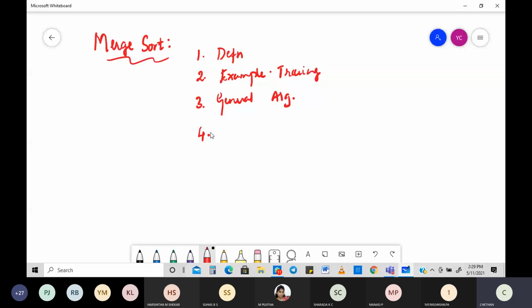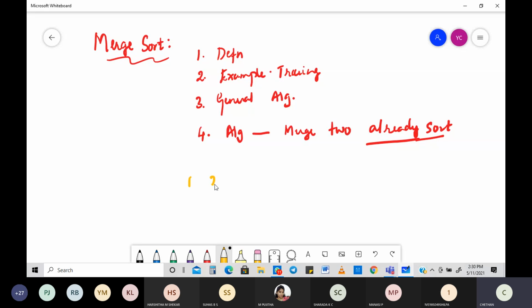Then there is one more thing that you're going to do. You're going to write an algorithm. Be careful here, this algorithm is different. You're going to write one more algorithm to merge two already sorted arrays. That's very important. Already sorted arrays you're going to merge, which basically means you're going to get arrays like this: 1, 2, 3, 4 and 5, 6, 7, 8.